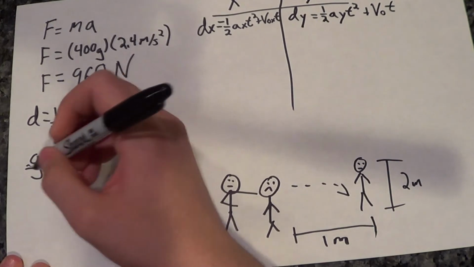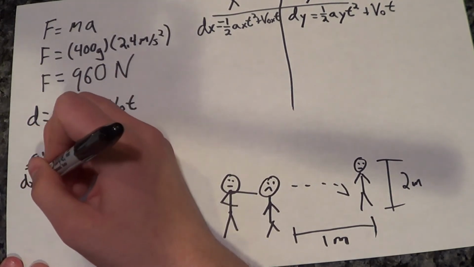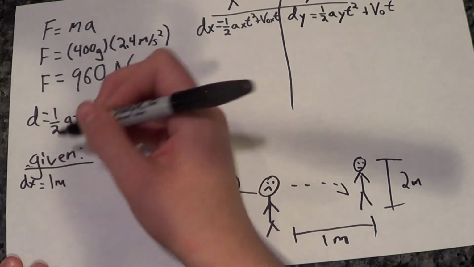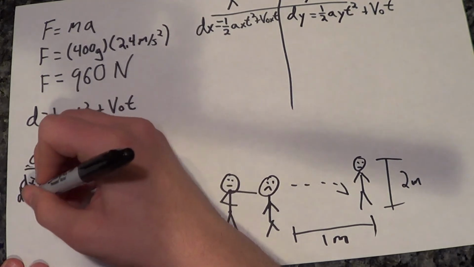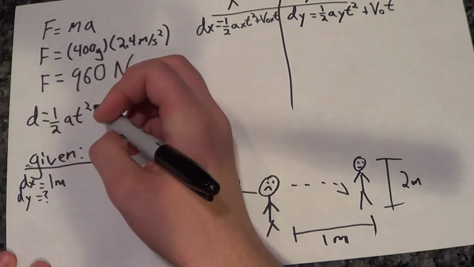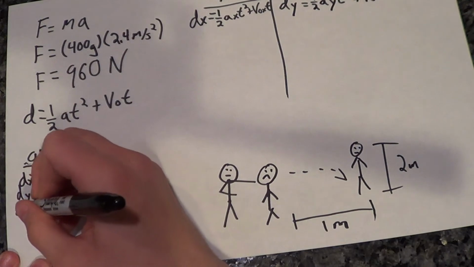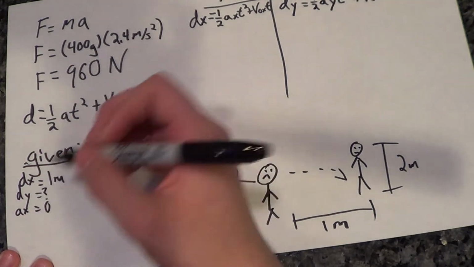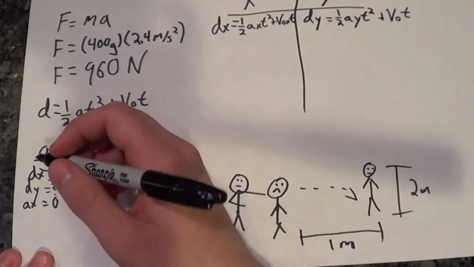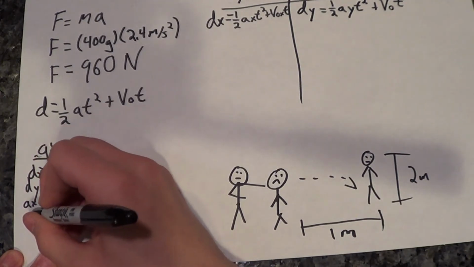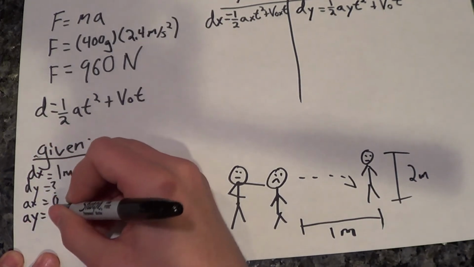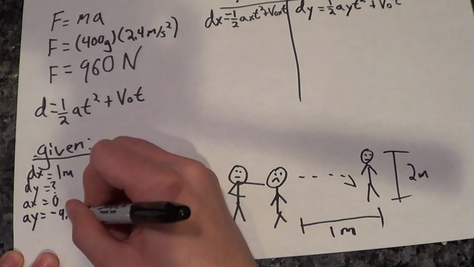Now, to solve this equation, let me just think what I'm given here. Well, I know that distance in the X direction is 1 meter. I don't know what distance in the y direction is, solving for that. I know that acceleration in the x direction is 0 because gravity in this case does not pull you to the side. I know that acceleration in the y direction is the acceleration of gravity, negative 9.8 meters per second squared.